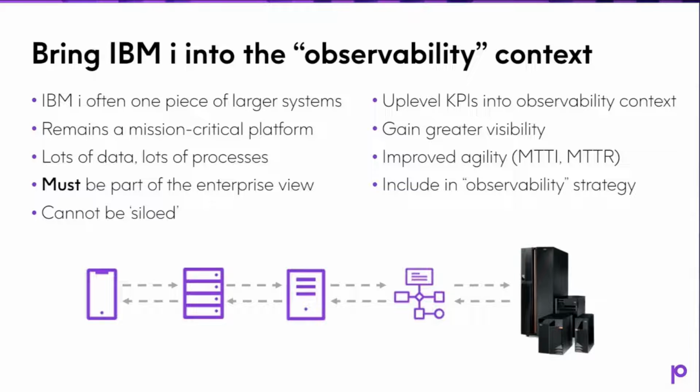It does not make sense to leave this platform off to one side in a world of its own. You need to bring it into the observability context. Up-level key metrics, logs and traces, those elements that we've been looking for better situational identification and speedier resolution. So IBM I must be part of your observability strategy.